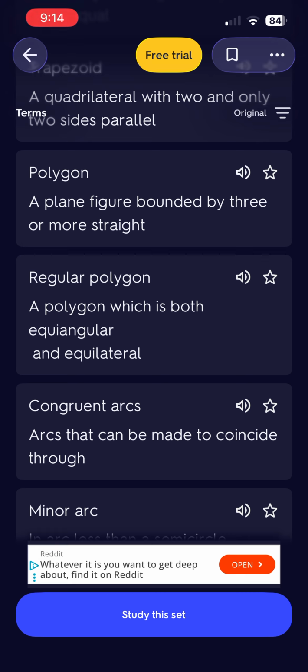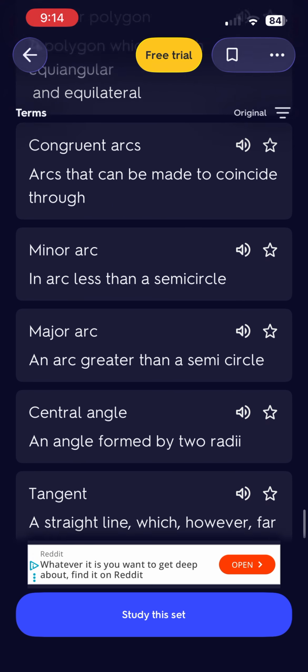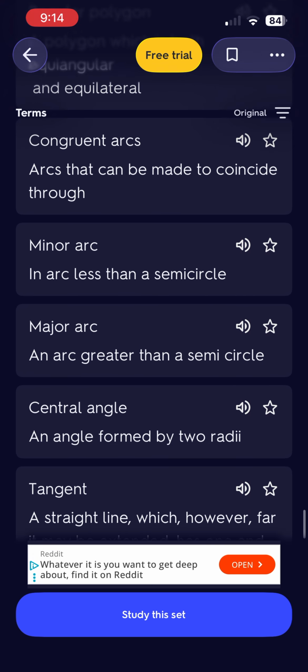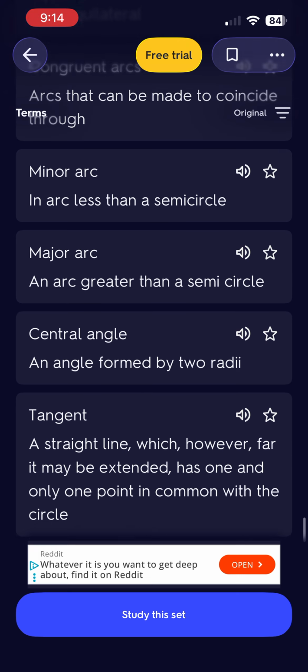Polygon. A plane figure bounded by three or more straight lines. Regular polygon. A polygon which is both equiangular and equilateral. Congruent arcs. Arcs that can be made to coincide. Minor arc. An arc less than a semicircle.